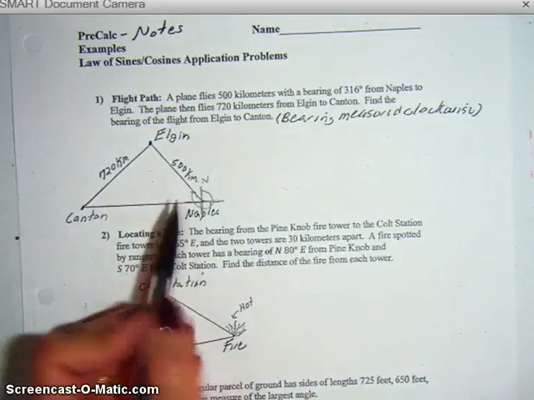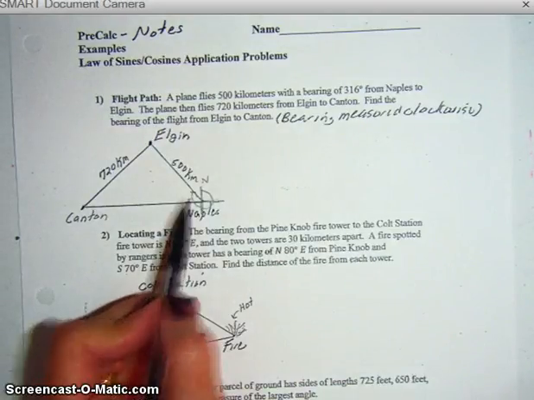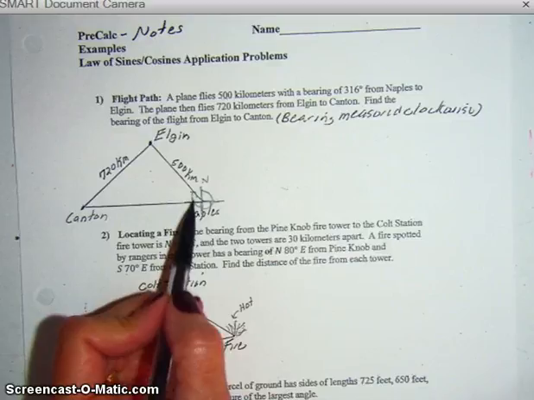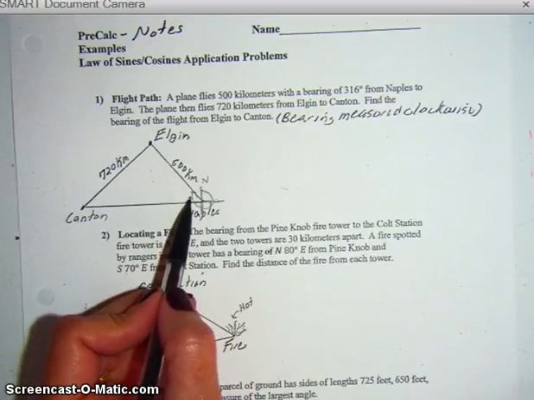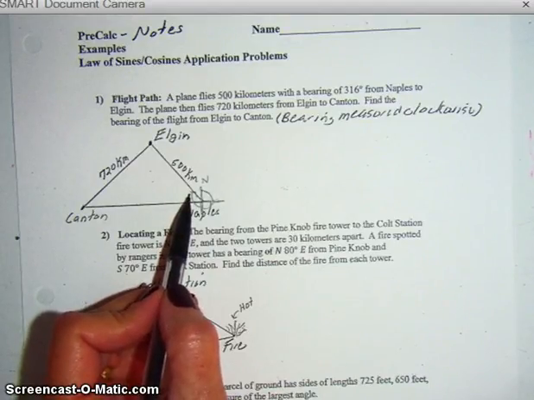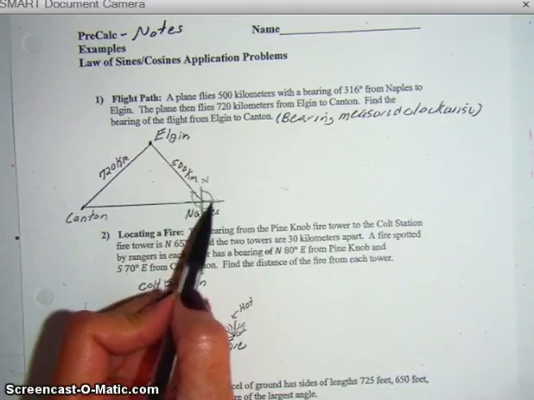Okay? Now, first question is, how can we find this angle right here that's inside the triangle? How do we find this little angle right here? Raise your hand, please. Leah? 90 minus 46.